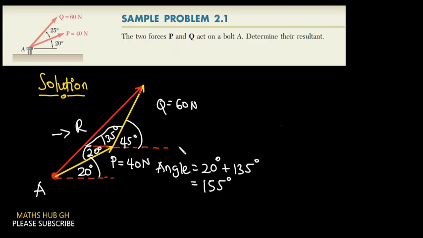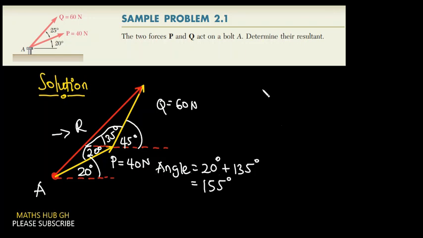So what you're going to do is apply the cosine rule here. I'm saying that you are going to apply the cosine rule because we know the value of two sides and we want to find one other side, and we know the angle that is opposite to the side that you want to find. So in this case, you can use the cosine rule.